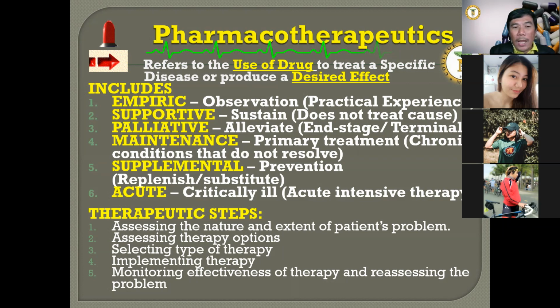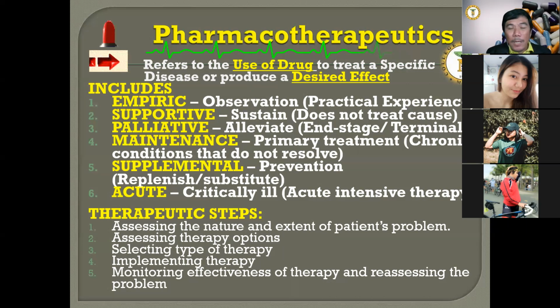So we need to assess the therapy options, kasi the therapy options could be also depending on the condition of the patient. Kaya we identify if it is terminal ba siya, acute ba siya, chronic ba siya, or somehow a lifetime identified familial disease.